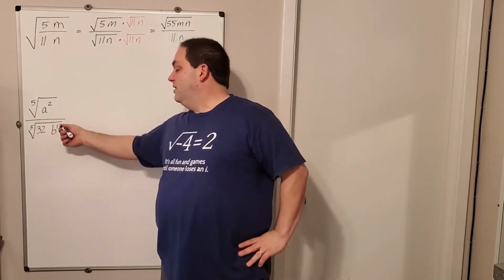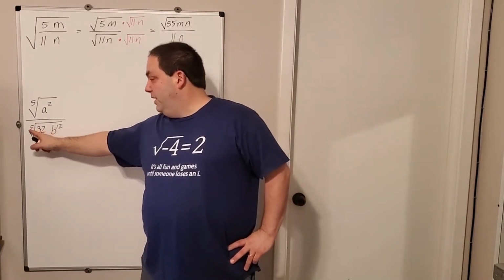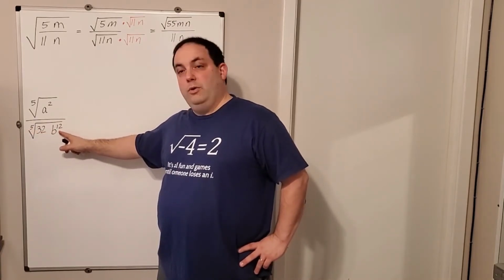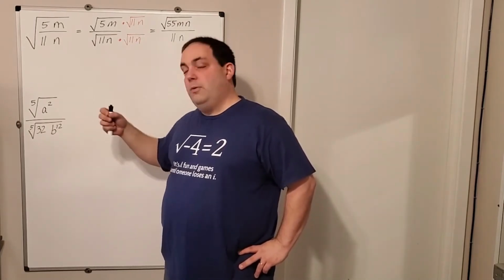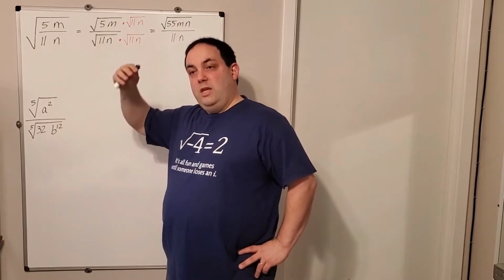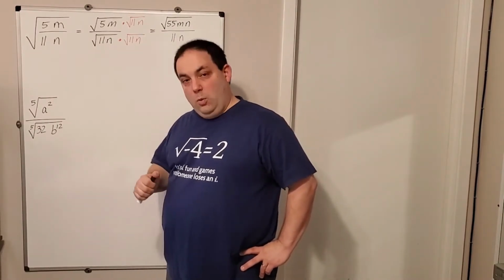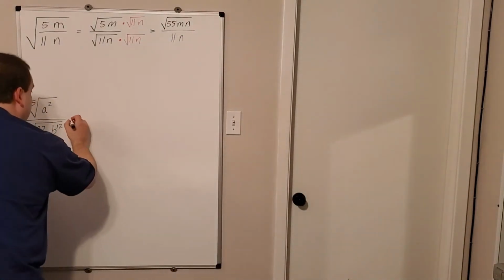b to the 12 is another one that I have a few pieces I can do. Remember, the trick to that is the fact that 12 is bigger than 5. So I can find a number 12 or less that's perfectly divisible by 5, and I would be able to separate it out and actually do the power over root division and get one piece clean away. Let's do that. Let's simplify here.